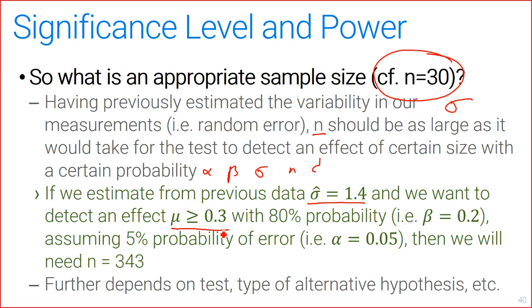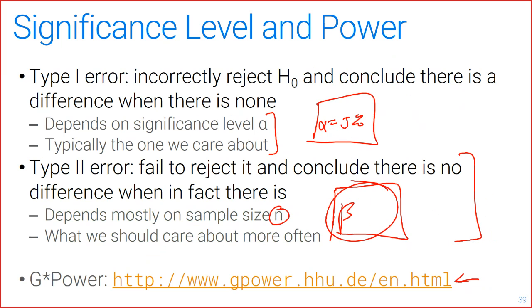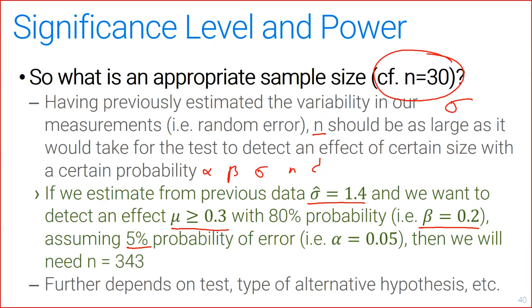And we want to do it with an 80% probability. That means the beta, we want to set it at 20%. And we are willing to accept a 5% probability of a type 1 error. So that is alpha equal 5%. Then there's a certain calculation that a tool like GPower is going to do for you. If you do the numbers, it turns out the solution is n equal 343.